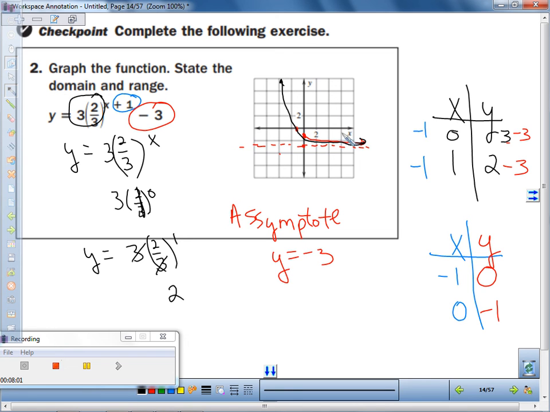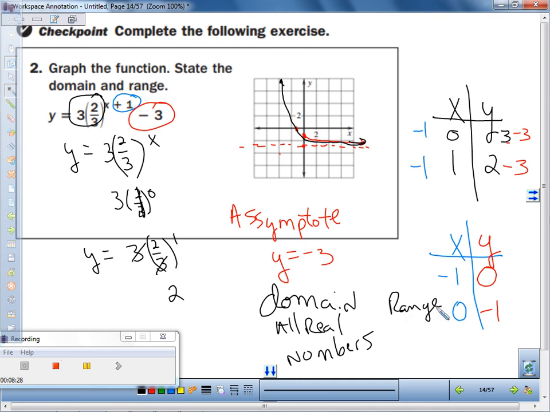Remember, x can be any value, so the domain is all real numbers. Now, what's the lowest value that y can be? It can never be where our asymptote is, so it couldn't be -3. Our range is y greater than -3.